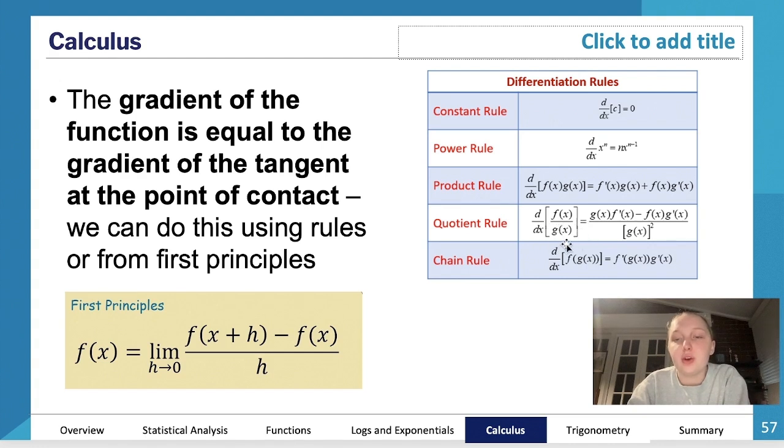So you have to remember to put your denominator as the first term, then your numerator differentiated, minus your numerator times your denominator differentiated, all over your denominator squared. Super important that you get this the right way around, because otherwise you're going to get the wrong answer. And then you've just got the chain rule as well.